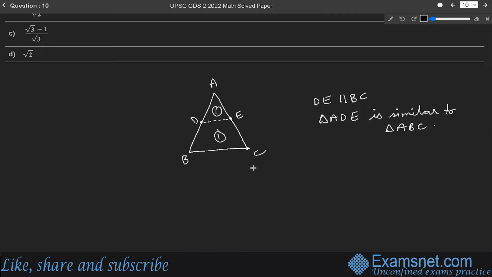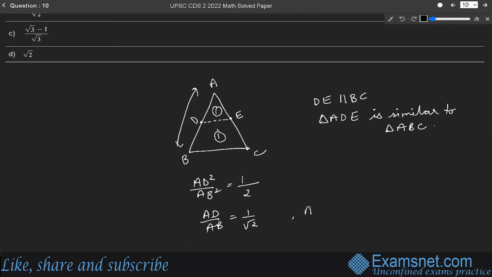Both are equal, so both will be 1, 1. Now from here, if we want the ratio for AD square upon AB square, then you can see that AD is 1 and AB means this whole part, 1 plus 1, which is 2. So AD upon AB will be equal to 1 upon root 2.